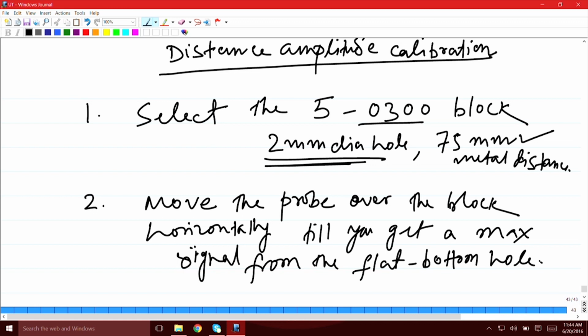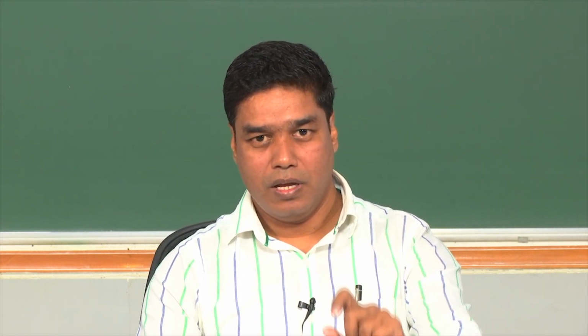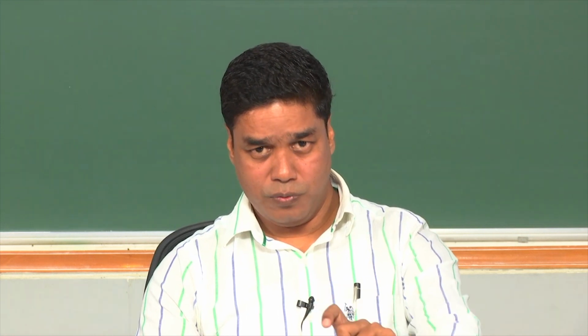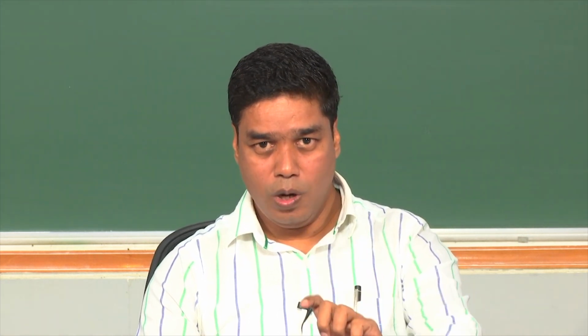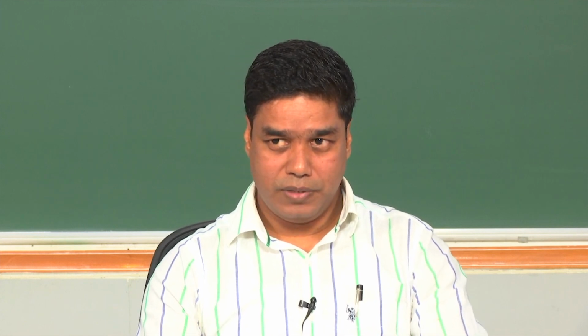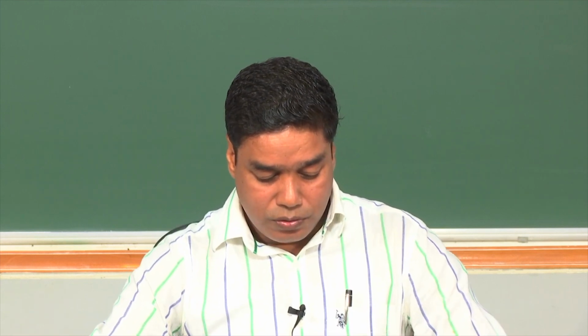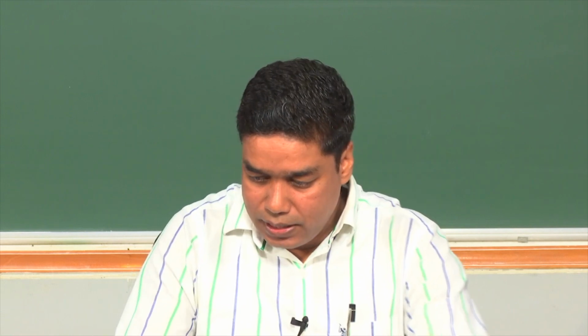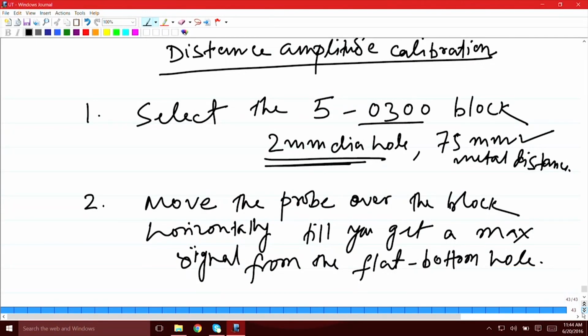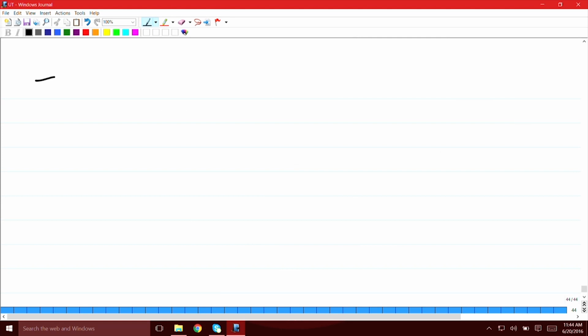Okay. So, you have to move it because you need to get the maximum signal out of this flat bottom hole. That means your ultrasonic transducer probe should be right above the hole, so that you get a maximum signal. Okay. And once you get that maximum signal, you need to adjust it to 1/4 of the maximum height, and that you can do by adjusting the gain control that you have in the instrument.